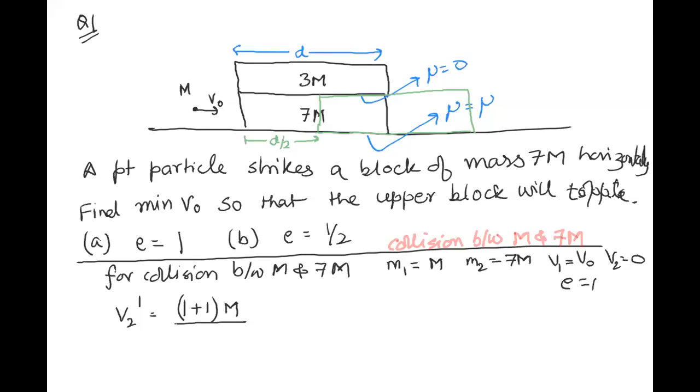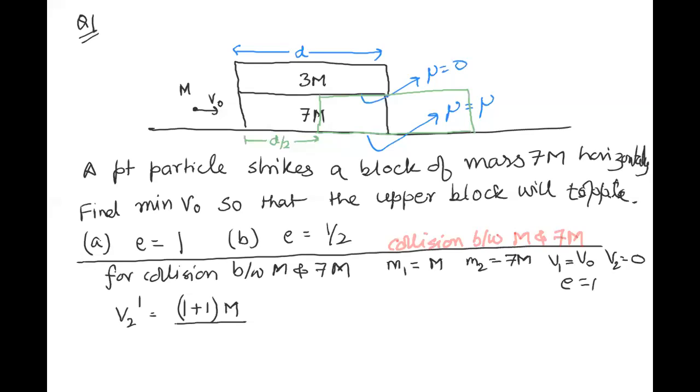Because the block will acquire a velocity, it will also be acted upon by friction, and ultimately this friction will stop the 7m block. Our purpose is to arrange things in such a way that when friction ultimately stops the 7m block, it has traveled an exact distance of d by 2. This is the approach to this question.